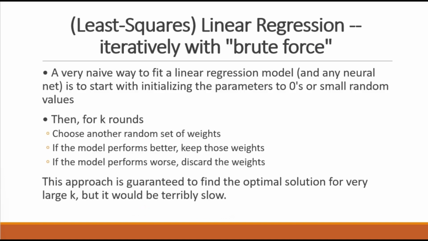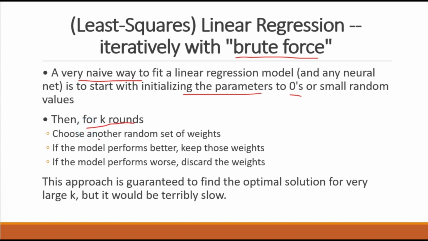So one way we can use an iterative algorithm to fit least squares linear regression models is by using brute force. This would be what I think of as a very naive way to fit a linear regression model or any type of neural network. So what we can do is start by initializing parameters, the weights and the bias, to all zeros or small random numbers, and then we have a for loop here for k rounds.